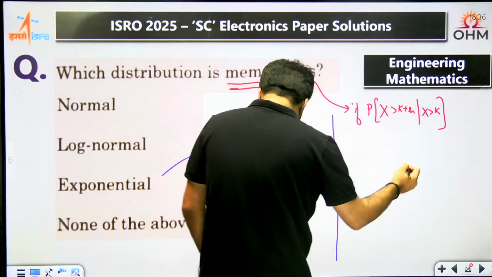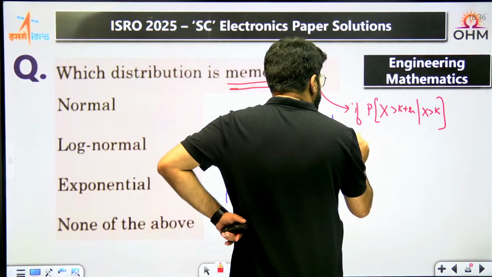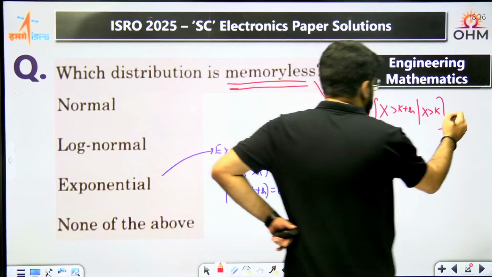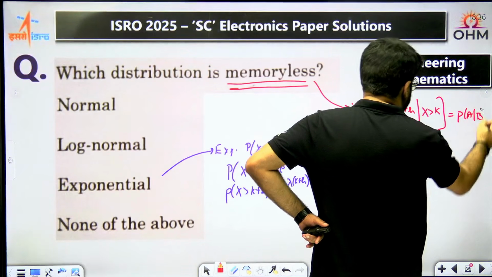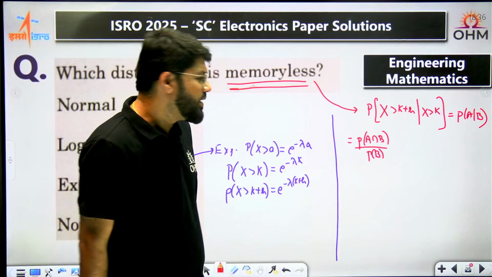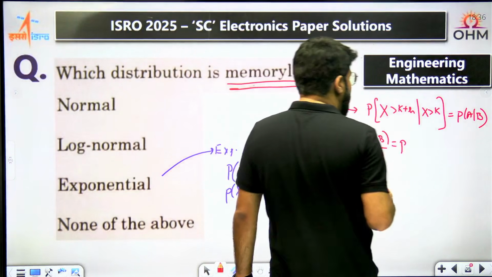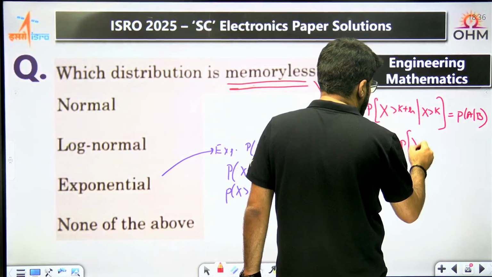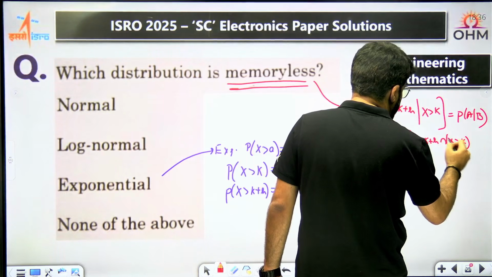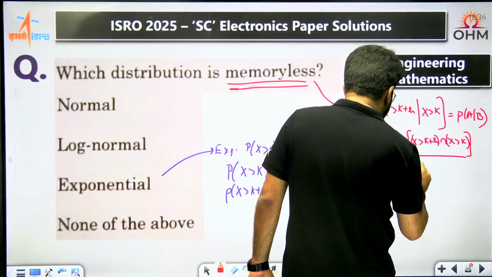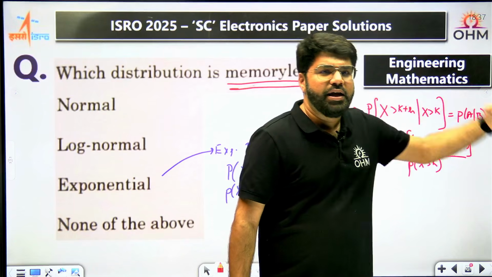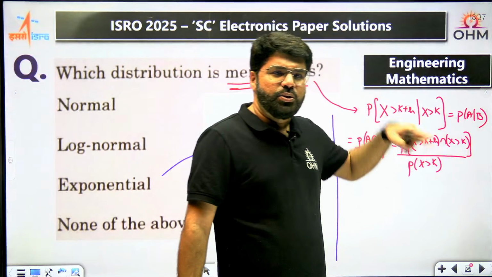Now, on the right side, let me use conditional probability. P of A given B is given by the formula P of A intersection B divided by P of B. Now the probability of A intersection B: when I take the intersection of X greater than k plus h and X greater than k, it has to be greater than the greater number, so it has to be greater than k plus h.